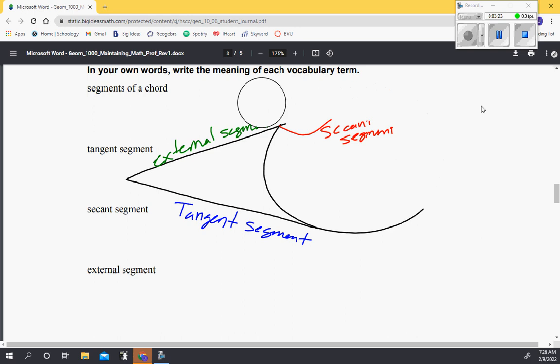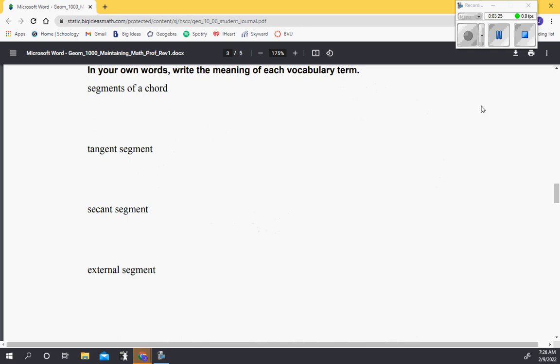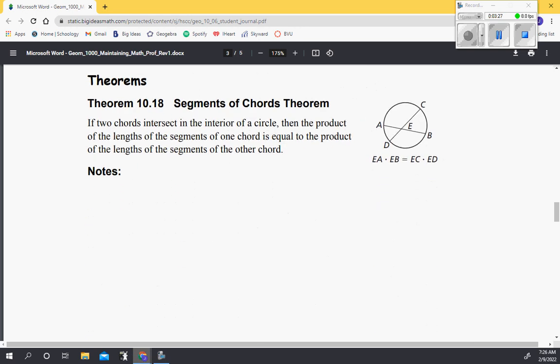We have a couple new formulas today, so formulas are getting to be a lot. Segments of chords. When you have chords that intersect inside a circle, we can find their lengths. Look at our theorem.